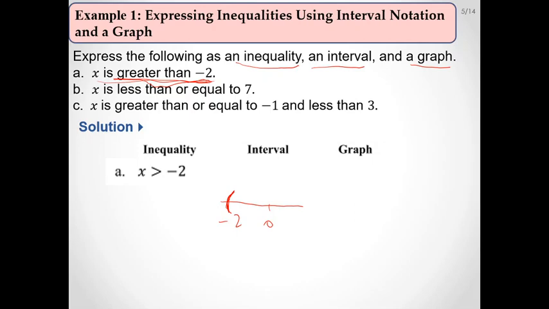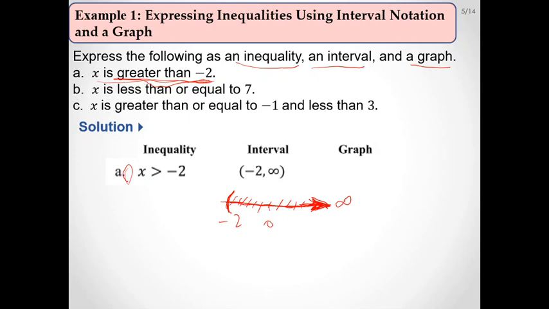-2 is not included. It starts from here, and there is no limit for this part. So there's no upper limit here. It starts from -2 and it goes endless, so we put the infinity here. So the interval has to be -2 to infinity.